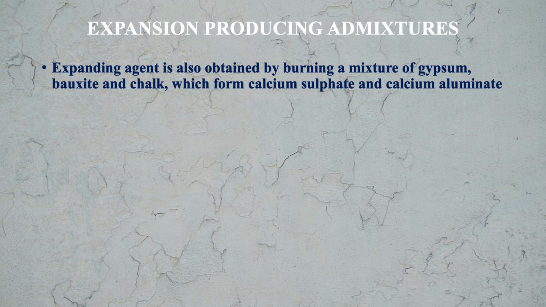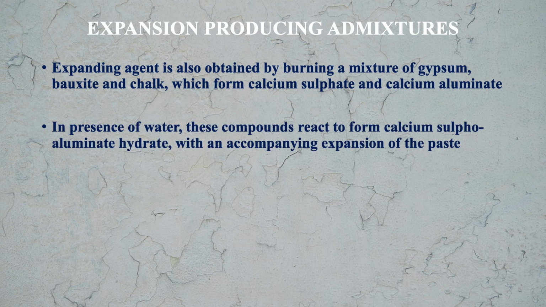The expanding agent is also obtained by burning a mixture of gypsum, bauxite and chalk, which form calcium sulfate and calcium aluminate. In the presence of water, these compounds react to form calcium sulfoaluminate hydrate with an accompanying expansion of the paste.